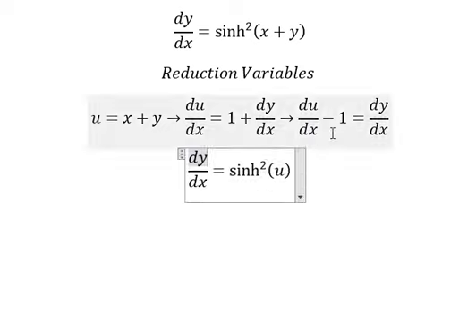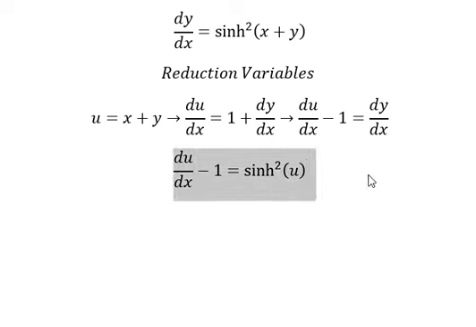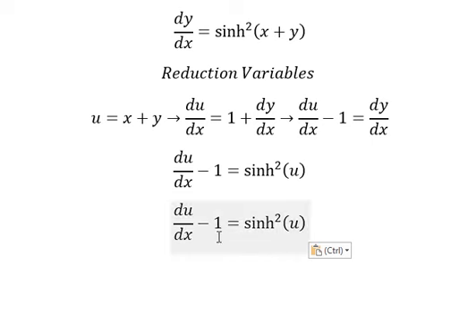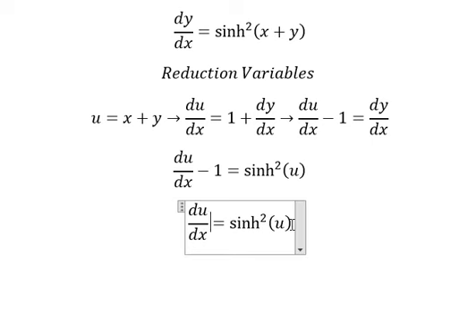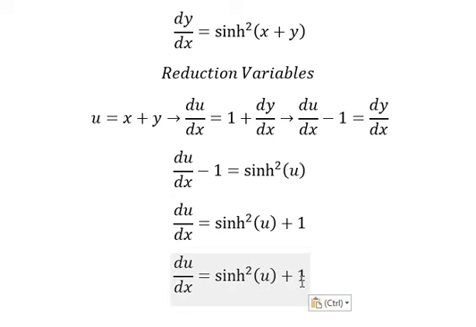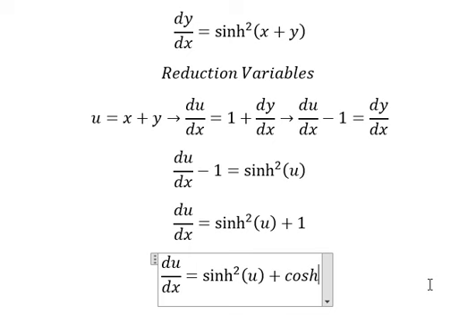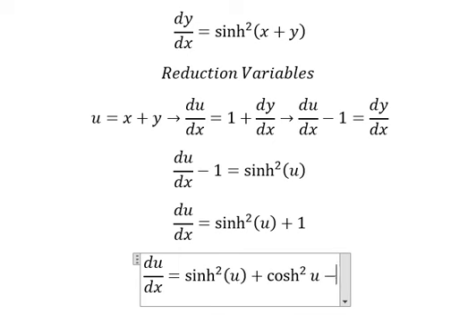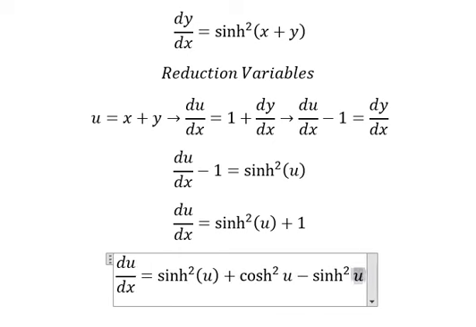This one we change for this one. Now negative 1 I will put in here. And we know that 1 is cos u squared minus sin u squared.